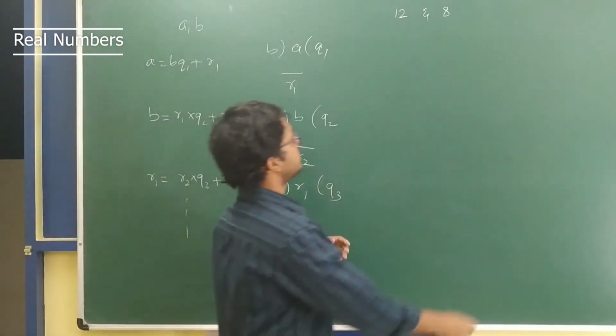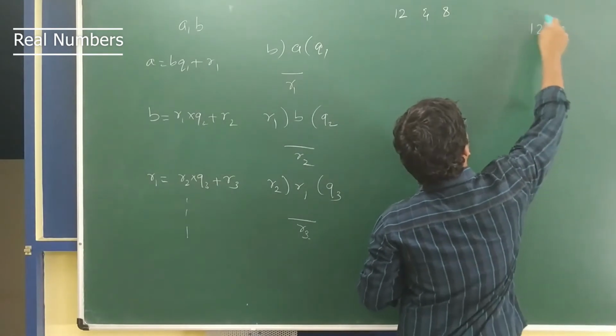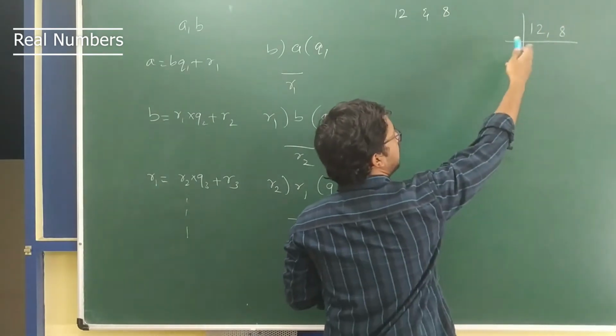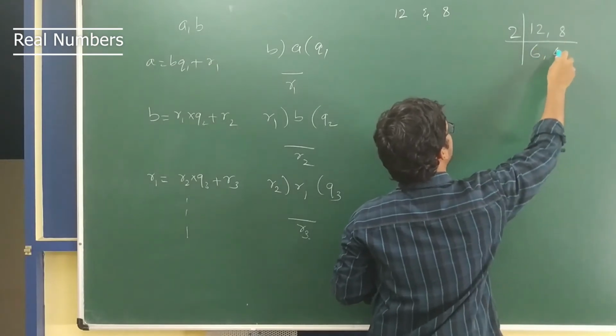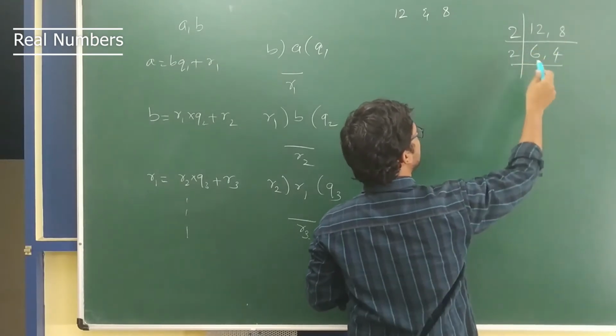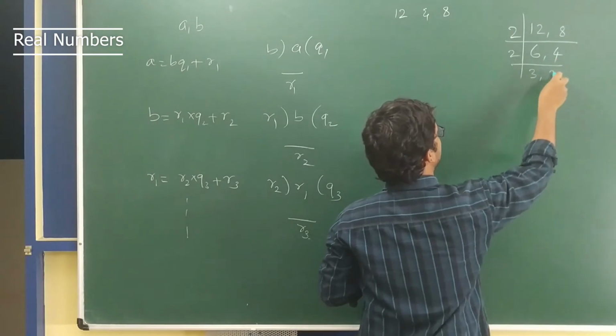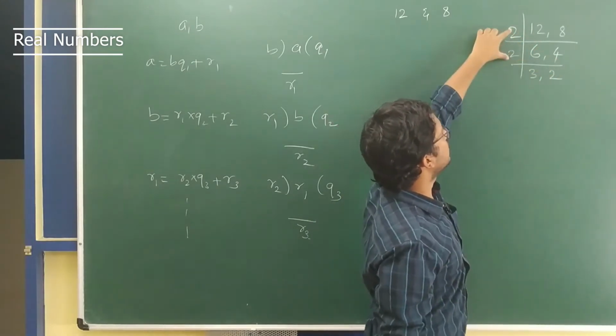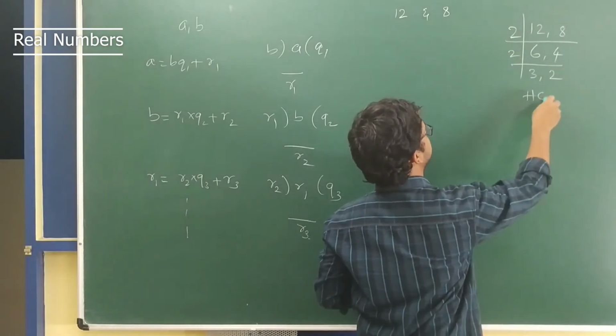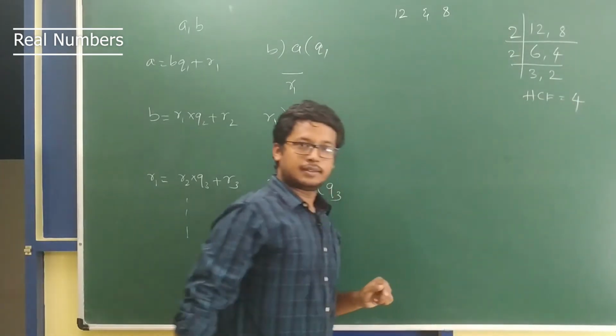So how do we find HCF of 12 and 8 normally? Using your prime factorization method, you can do like this: 2 6s are 12, 2 4s are 8, then we have 2 3s are 6, 2 2s are 4, so there are no more common divisors between 3 and 2, therefore HCF is 4. Correct? That is the HCF.